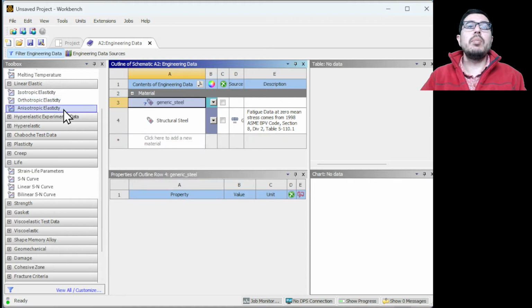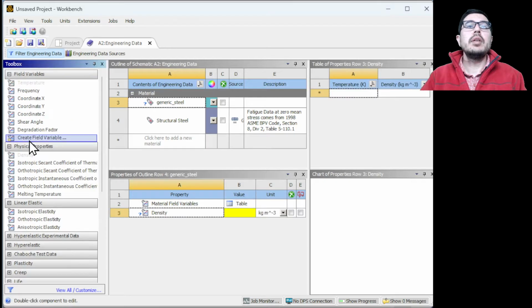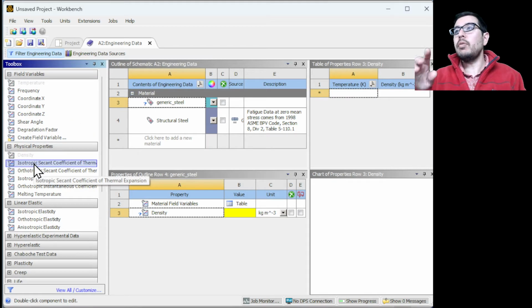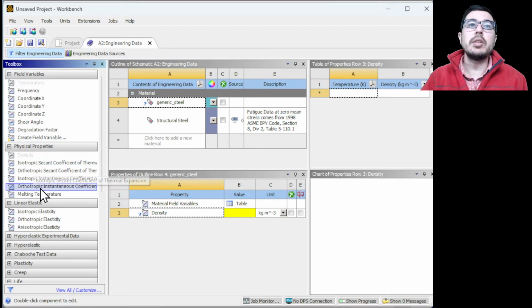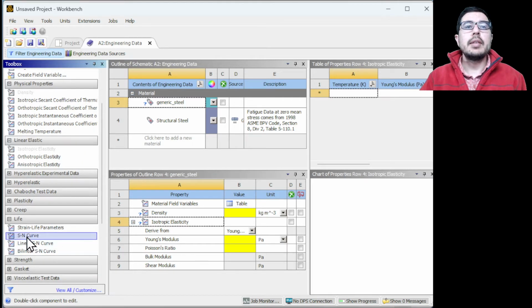Then we will bring in the density here, which is not necessary for static analysis, but it's useful for some of the vibration analysis. We'll bring in isotropic elasticity, and we will also bring in the Sn curve here.